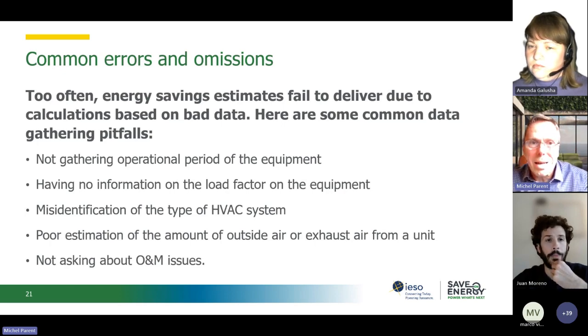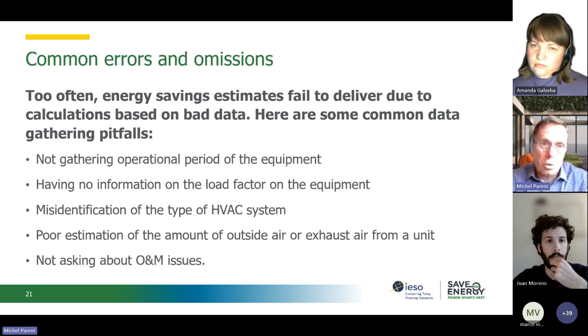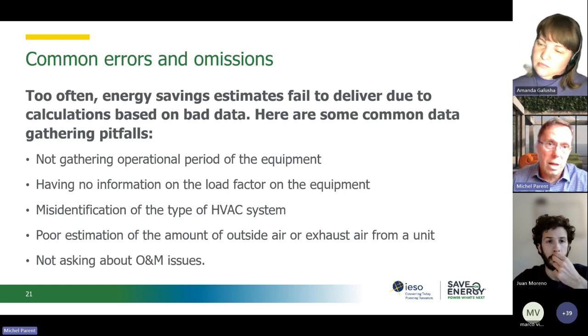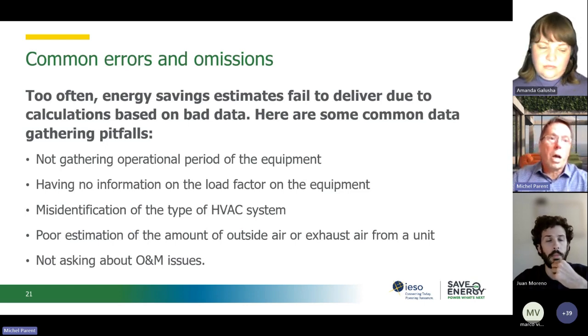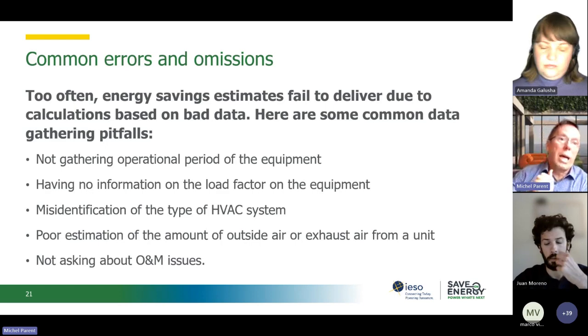It's stealing the outside air from the unit, so the unit is not returning it to itself. It's actually being exhausted elsewhere. So your heat recovery would give you nothing. You have to be very careful about how the air balance is in your building.